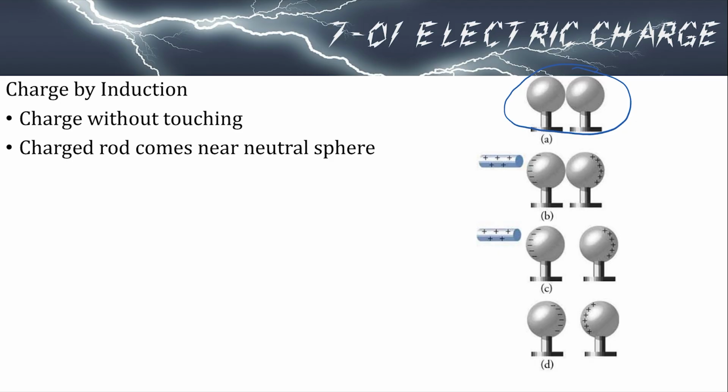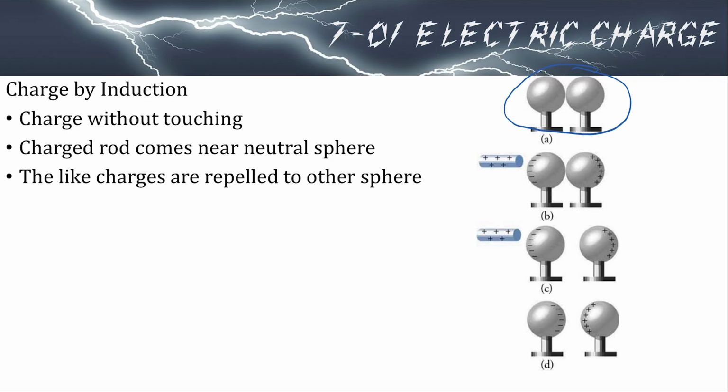In this case, it's a positively charged rod. And so what it does is it repels the positive charges to the other side. Technically, it's going to attract the electrons to the positive charges. And so that means one sphere is negatively charged and the other is positively charged.